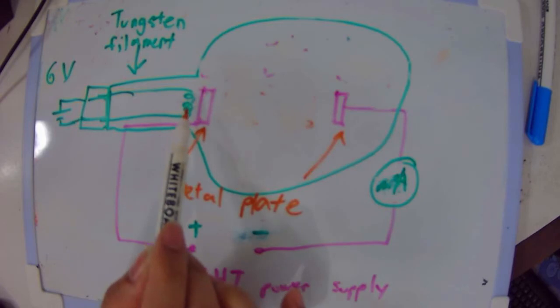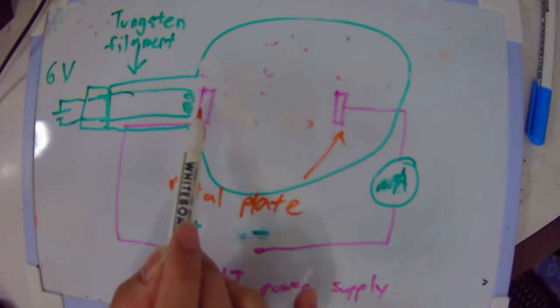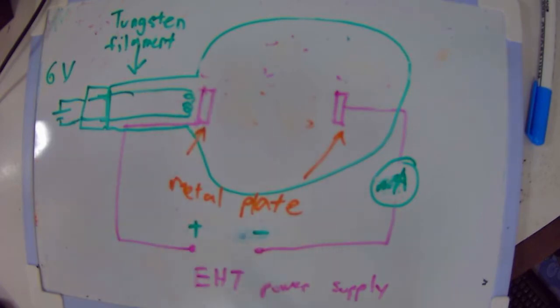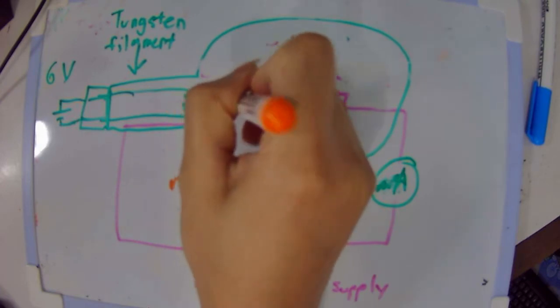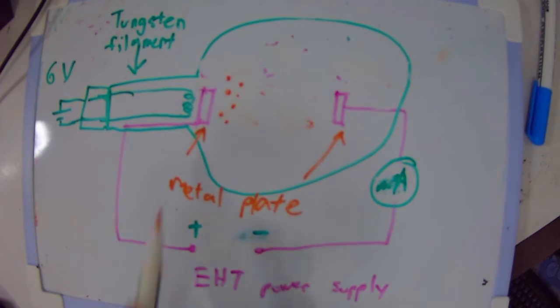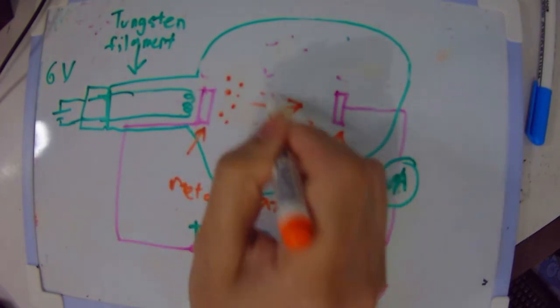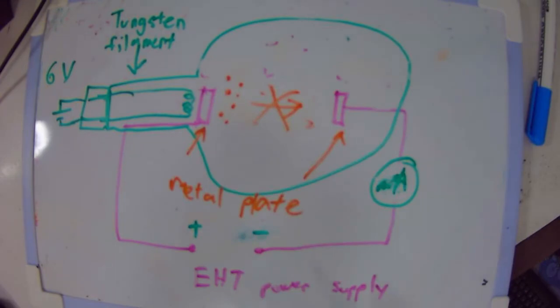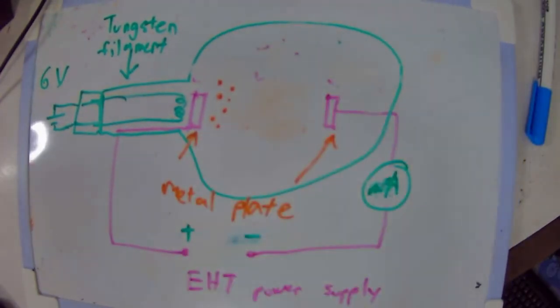This plate will still heat up and end up being very hot, so it will still release electrons. It will still release electrons, but these electrons will not go this way. No, will not happen. Why? Anyone want to guess why?